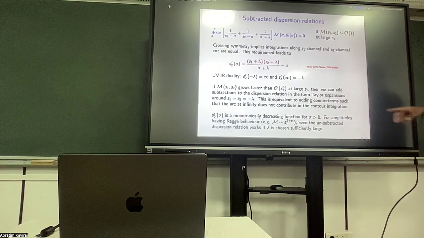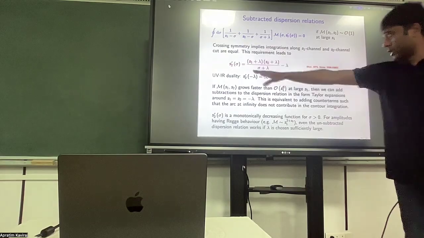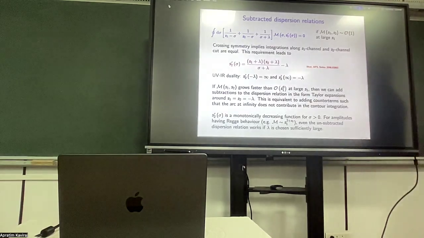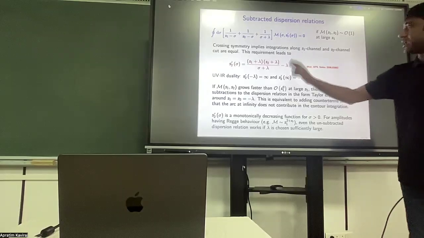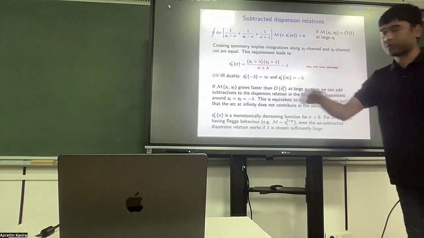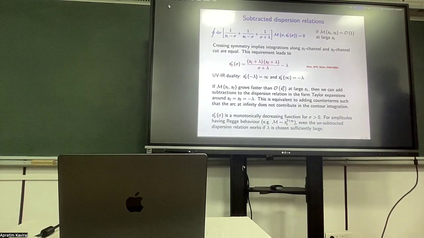And curiously enough, S2 prime is a monotonically decreasing function of sigma. At sigma equal to infinity it is minus lambda, and as we noted, from infinity it is going to minus lambda.